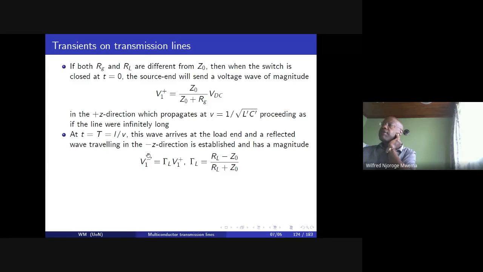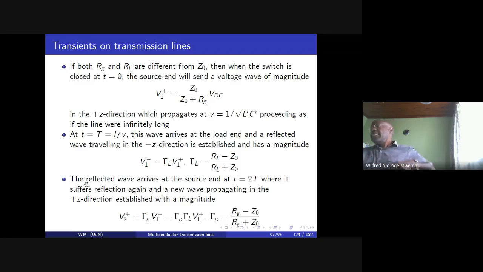So we now have a reflected wave traveling backwards. Depending on the sign of gamma L, it may reduce the line voltage as it goes back, or it may add to the line voltage if gamma L is positive, so to speak.